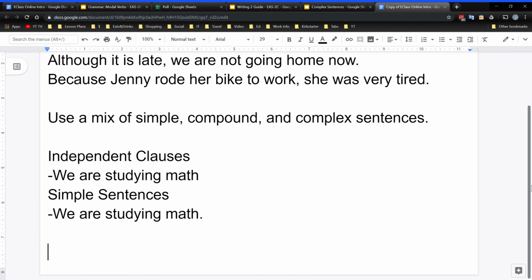So the trick that I always tell students is to only write simple sentences when you're making your writing. Let's say you have to do 6 sentences for your assignment, and let's say you need to make a 6-sentence paragraph.